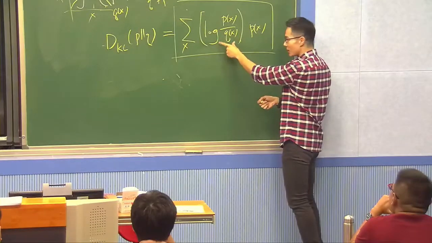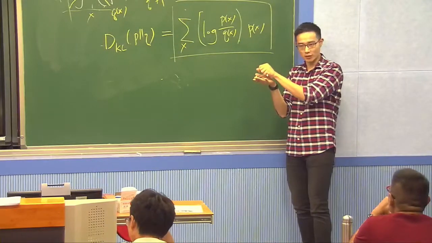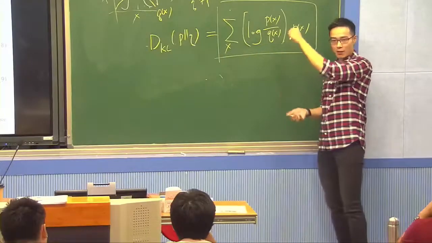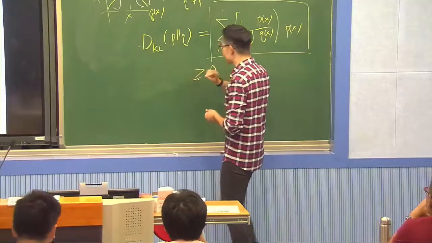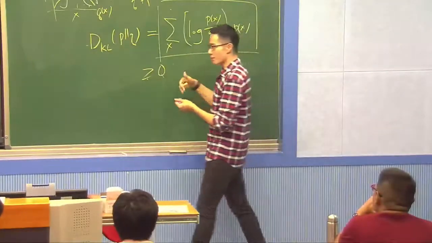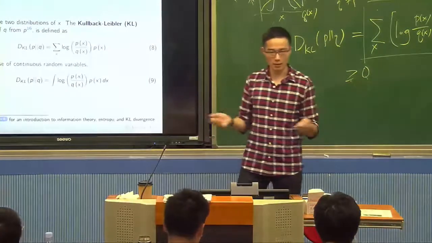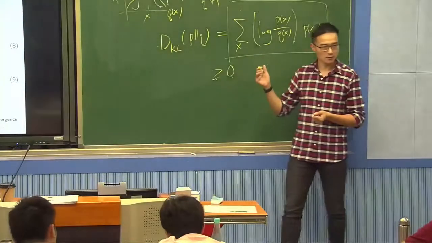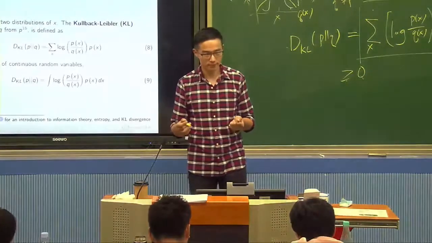So even if this is smaller than 0, it is multiplied by a very small weight. But when this is positive, it is typically multiplied by a larger weight. So in the end, it's always going to be larger than or equal to 0. You can think about it that way. That's why it's a distance measure. It could be used as a measure of distance between two different distributions. Now, the more dissimilar P and Q are, the larger the KL divergence is. So we're going to use KL divergence as a measure of distance between two distributions.